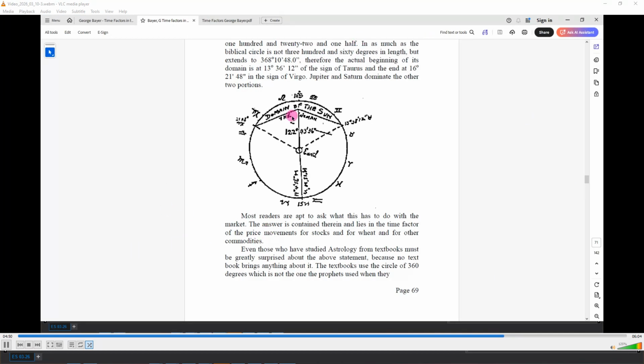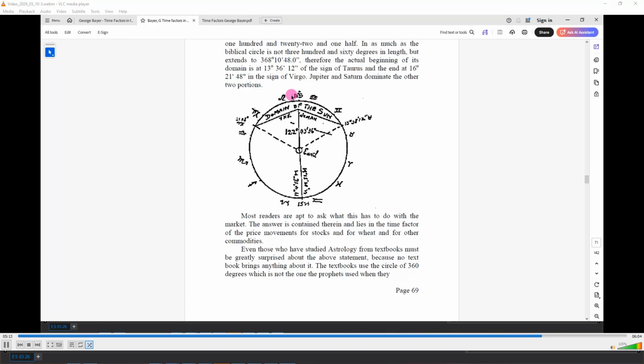Now, you can also do the same thing for the center of this domain, for 15 degrees of Cancer. And that's going to give you two additional points at 227 degrees and 343 degrees. So I'm not going to include those in any of the examples.